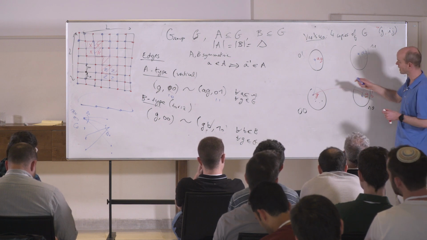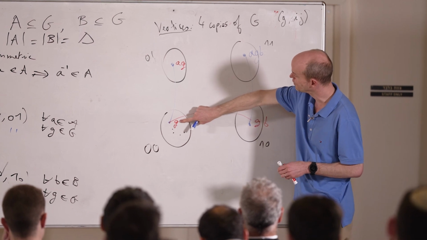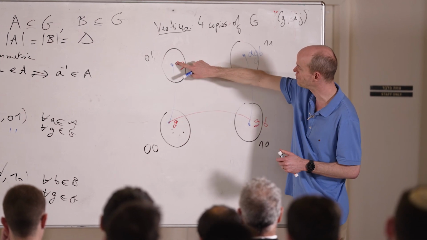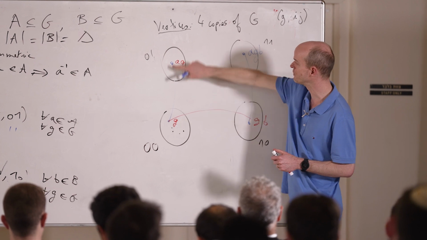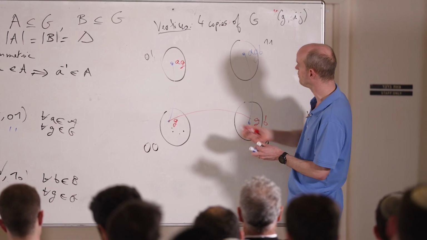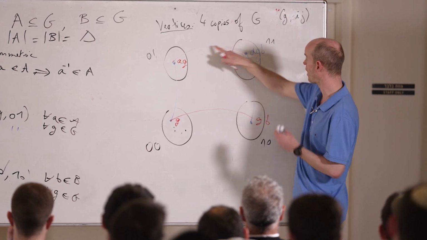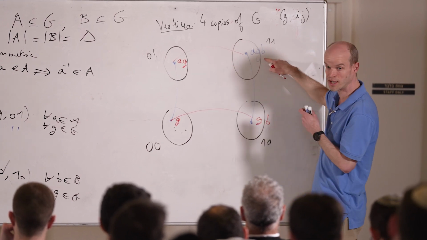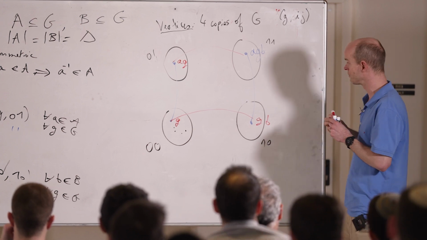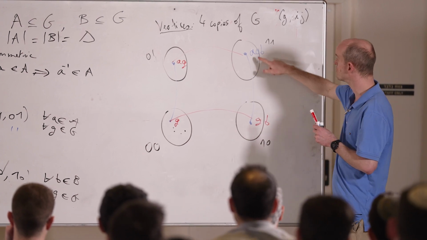Okay? But I can also go first with an element of A, so I move up with an element of A, with this kind of blue edge, and then I move right with a red edge. And if I move right with the same element B, I also land in AGB, with opposite order.